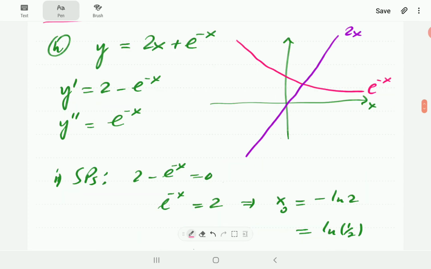So in H, again, we're going to start by plotting the two functions that make up our given function. First, we've got 2x, and e to the minus 2x. This time we're adding them. So you can see that this side, as x becomes bigger and bigger, this becomes smaller and smaller. So we expect that the sum of these will be dominated by the straight line.